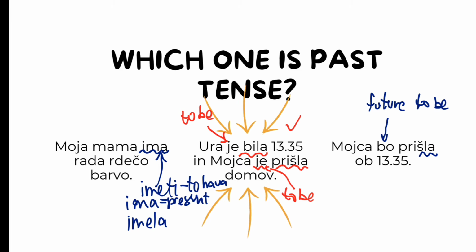And this doesn't have the L ending, that's how we know. So my mom has, so likes red color, but obviously it means my mom likes the color red. Moja mama ima rada rdeča barva.